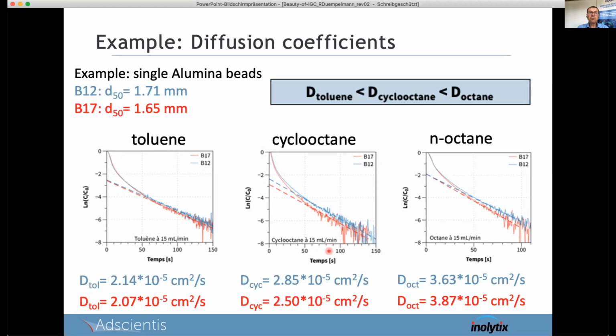You see also small differences between the single alumina beads and the different characteristic of N-octane with the B12 sample than with the B17 sample. So that's the transfer of the saturation, not of the surface, but of the pores inside the catalyst, and the extraction of the information from the desorption curve.